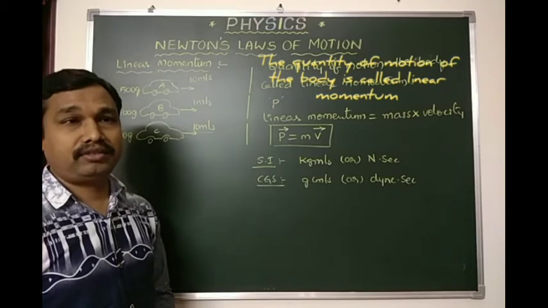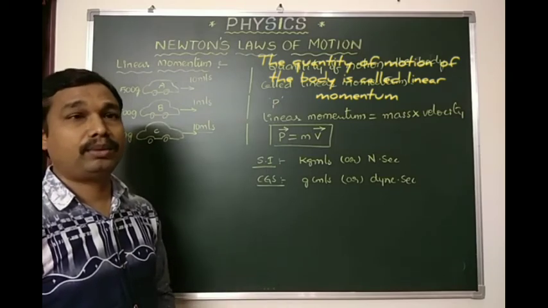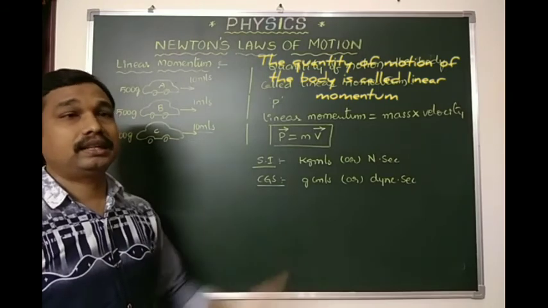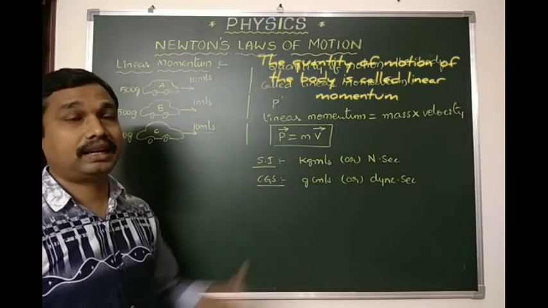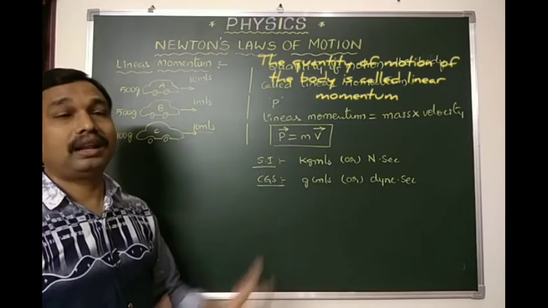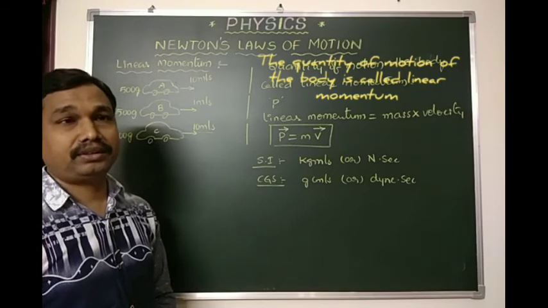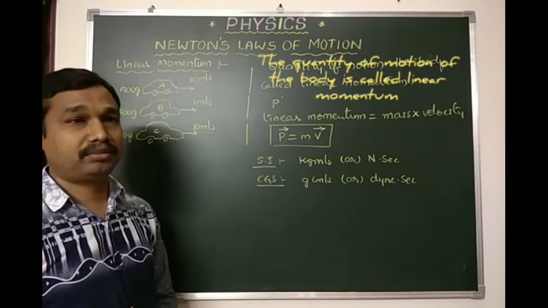If a person is very lightweight and applies a large amount of force, his velocity will change rapidly in less time. So we will get one definition according to Newton's second law of motion.